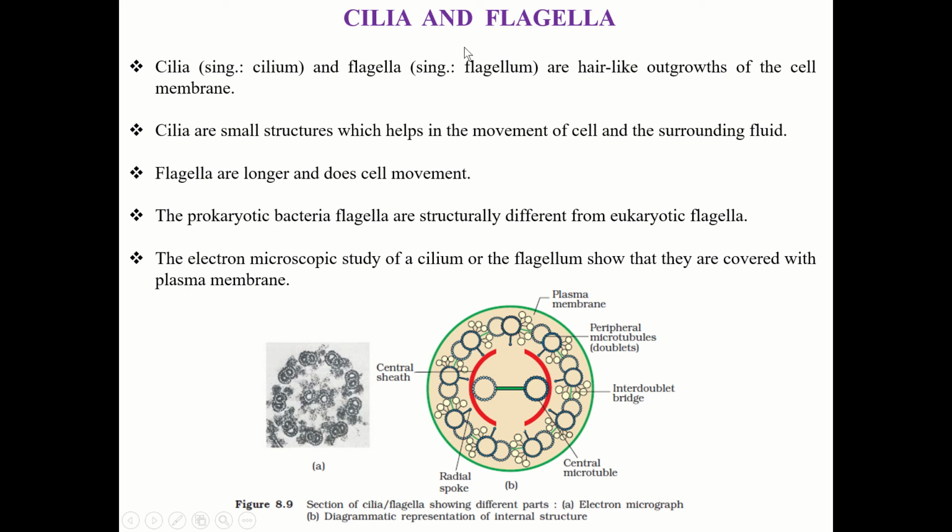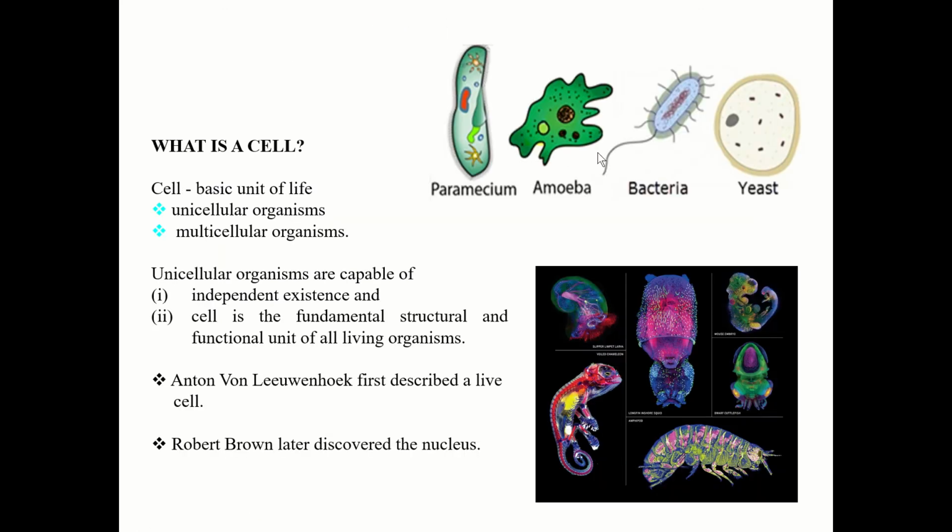So they are present on the cell membrane. You can see here this is the flagella and these are the cilia, very small thin filament-like structures which are present on the paramecium. This is the flagella which is present in bacteria and algae.